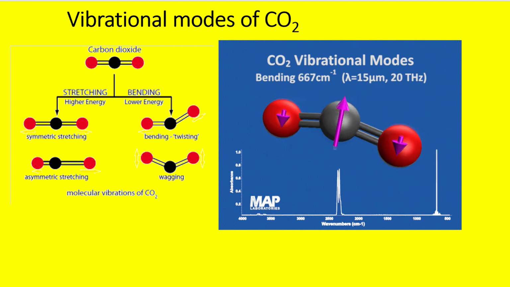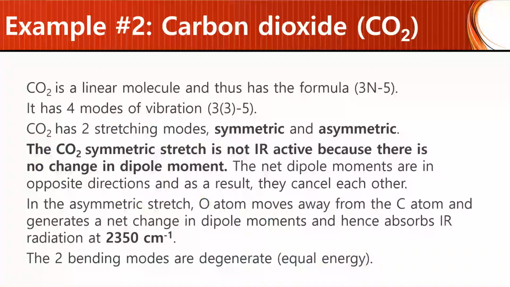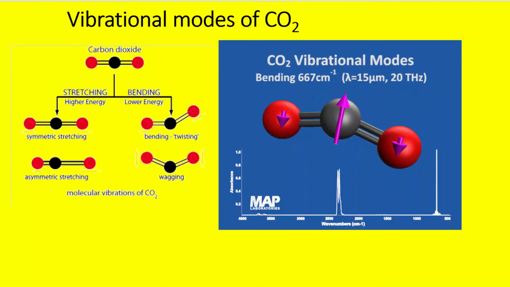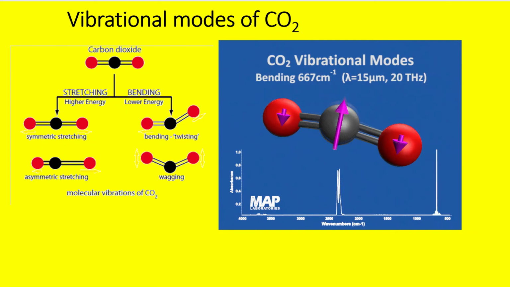So we're seeing the asymmetric stretch. Let's look at it again. We said the symmetric stretch is not IR active. So what we're seeing here is the asymmetric stretch, right? And the bending vibration. So we're seeing the bending vibration.